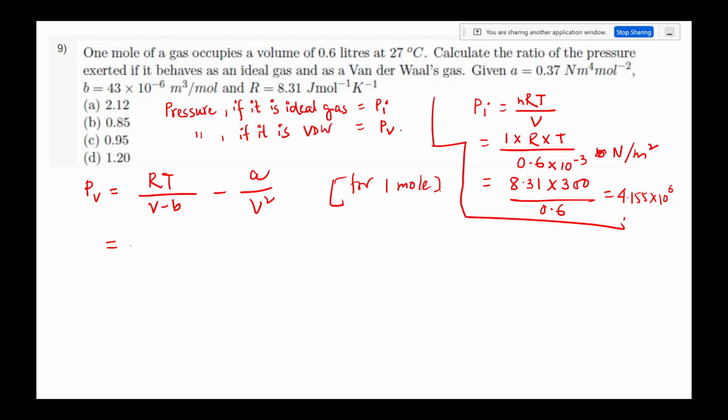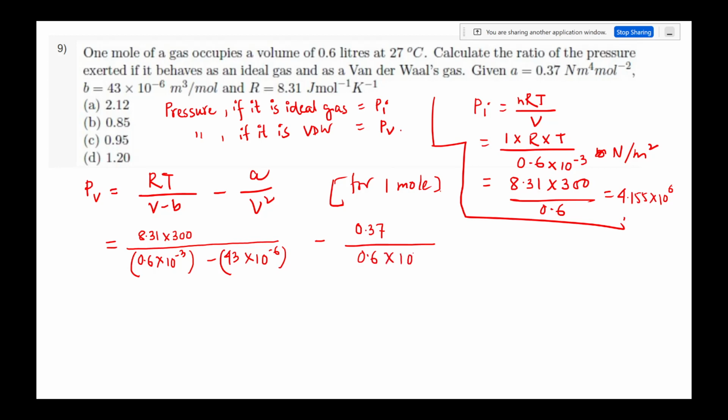Calculate this thing. I will do it side by side. Then 8.31 times 300 divided by V, which is 0.6 into 10 to the power minus 3, minus B, 43 times 10 to the power minus 6, minus A, 0.37 divided by 0.6 into 10 to the power minus 3, squared.